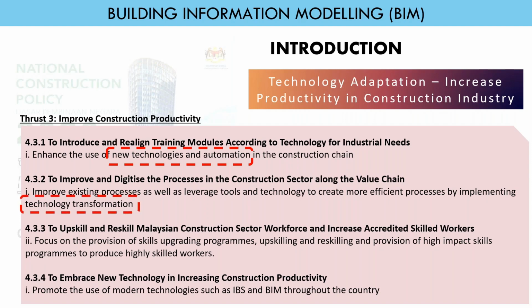And then in terms of technology transformation, we need to transform our process by using the technology, and we need to upgrade the skills of our workers in order to increase productivity, and we need to promote the use of modern technologies such as BIM.